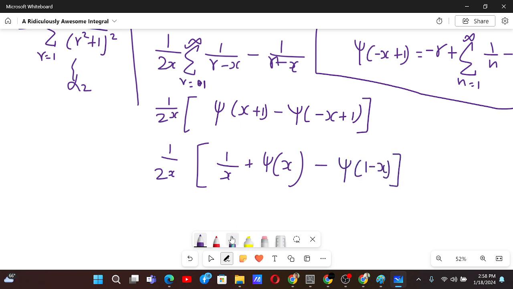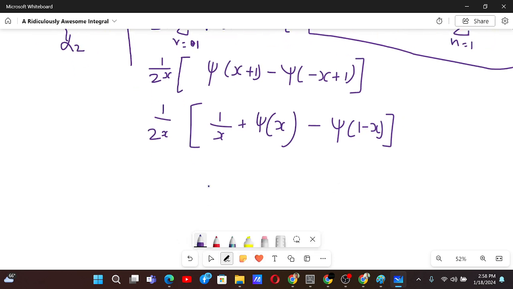Now we have to use the reflection formula of the digamma function. That gives us 1 by 2x times (1 by x minus (digamma of 1 minus x minus digamma of x)), and using the reflection formula, this equals pi cot pi x.